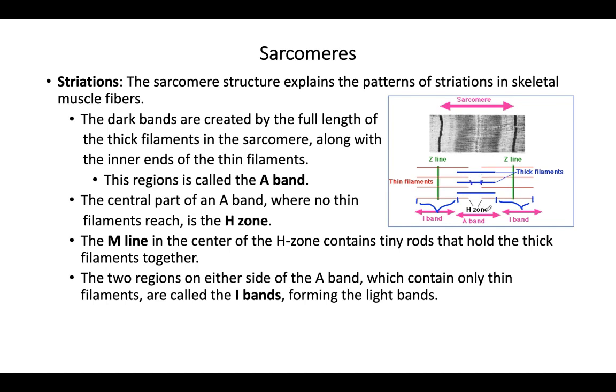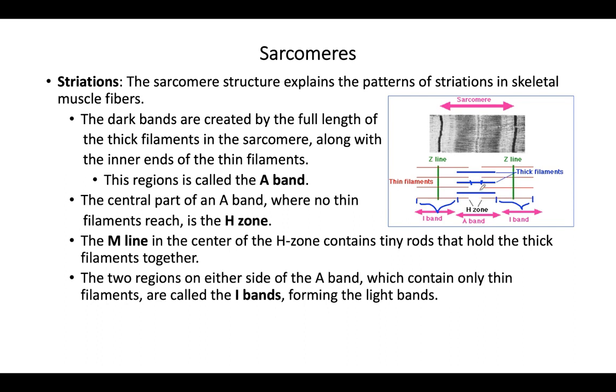We call that H zone. So H zone is a part of A band, but H zone does not have any thin filament. So the central part of A band where no thin filament, no actin myofilament reaches, is the H zone.